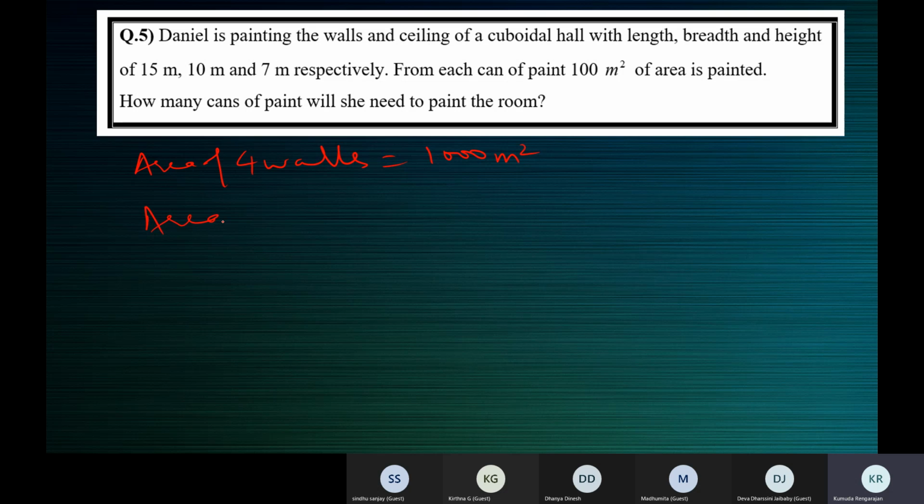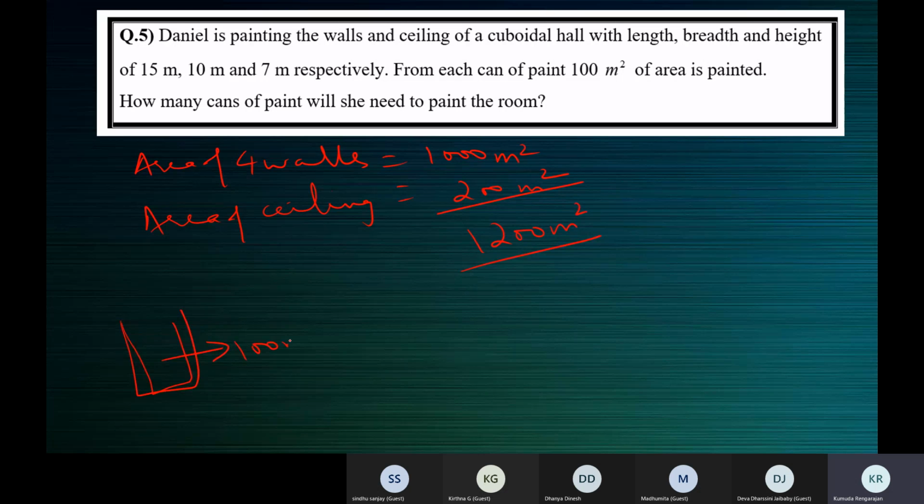Area of the top, area of the ceiling, is some 200 meters square. All right, so what's the total area you have to paint? 1200 meters square.